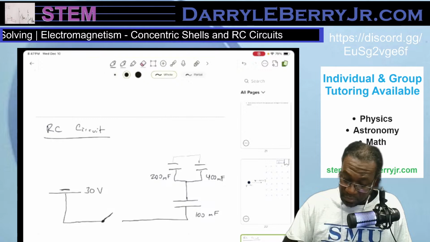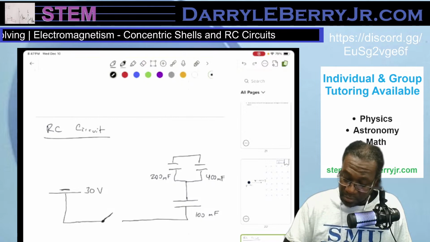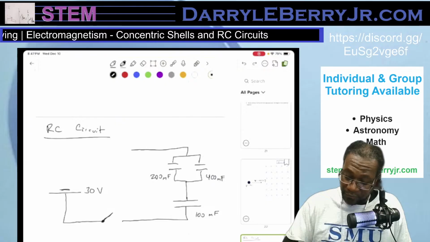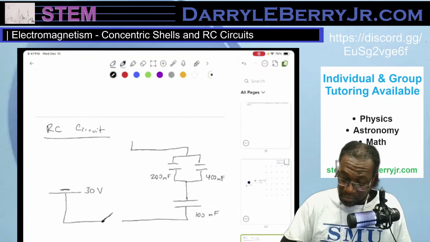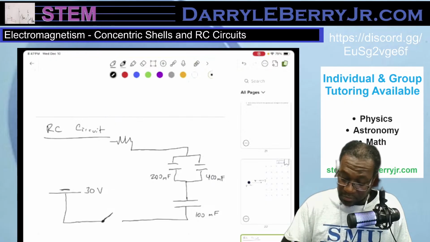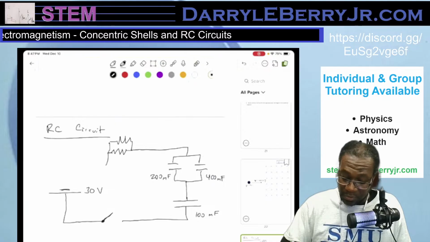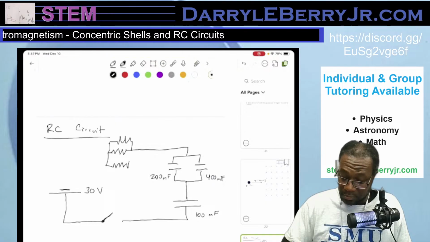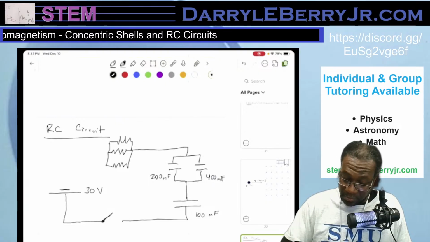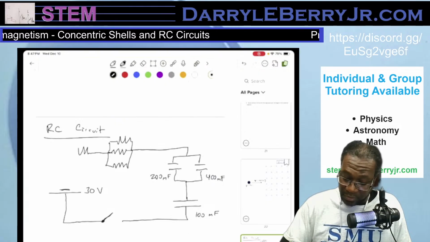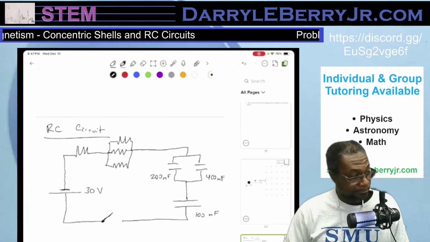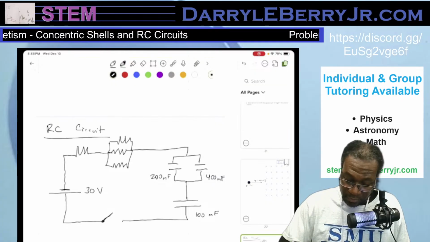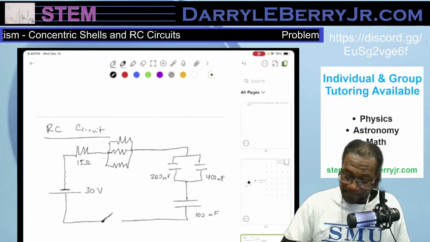And say that we have resistors here. Say we have one here, one here, and let us say that we have one here, and let's call this one 15 ohms.